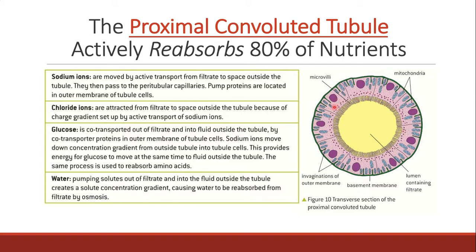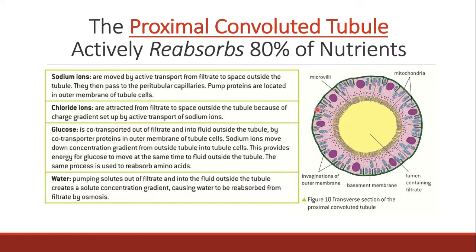Okay, chloride ions, they are going to go out of the tubule as well, because if you pump sodium from here to out here, sodium is a positive ion, chloride is a negative ion, so chloride will follow. Glucose is going to be transported out from the filtrate as well.